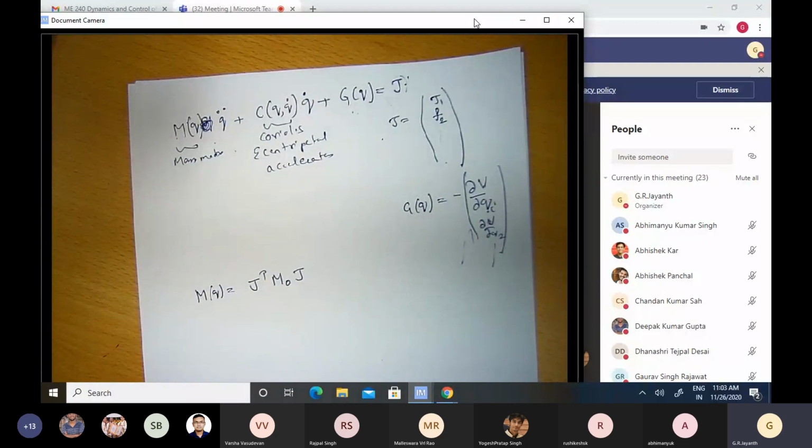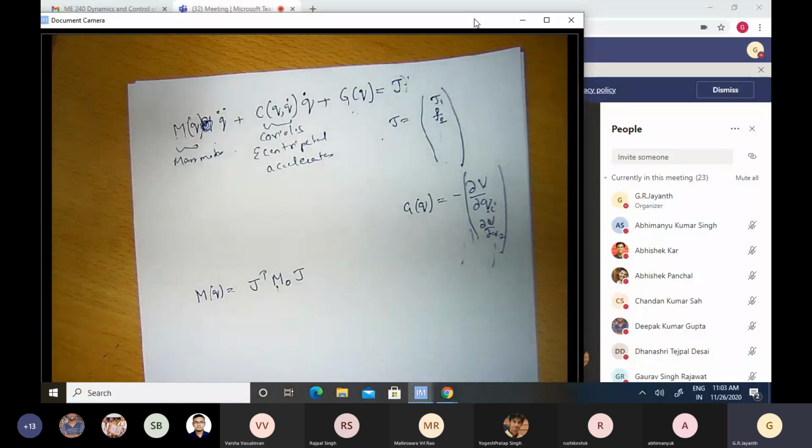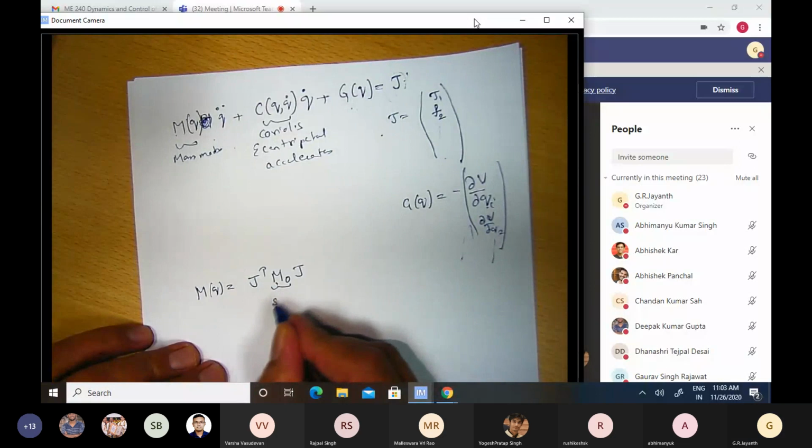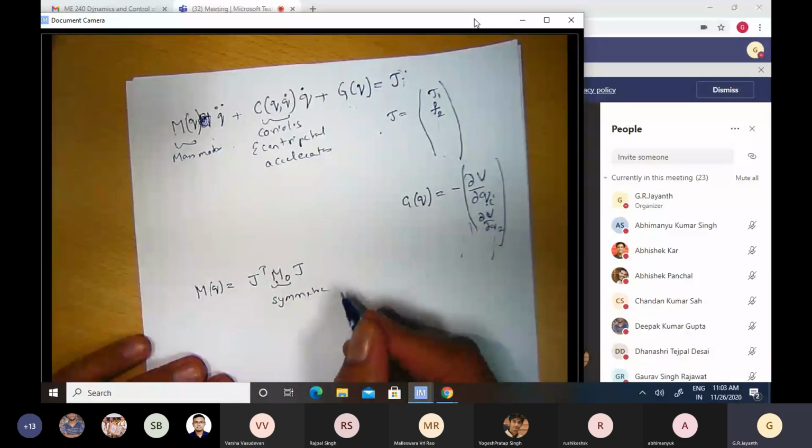So each of those M naught 1, M naught 2, etc. are all symmetric matrices. So this overall matrix M naught is therefore also a symmetric matrix, right? So this is symmetric by definition because of the way you have defined it.